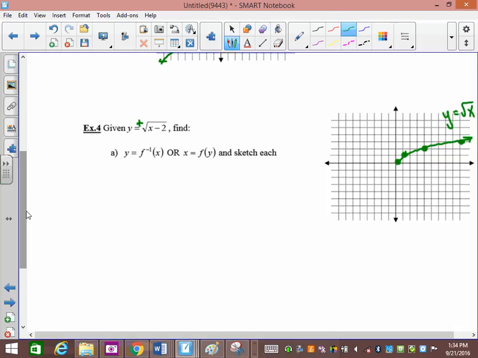But that's not this. This is square root x minus 2. So that entire thing is shifted what? To the right. I don't need a calculator because I know transformation. I can just plot all my parent functions, which are the ones before you've actually done any transformation, and then transform them.